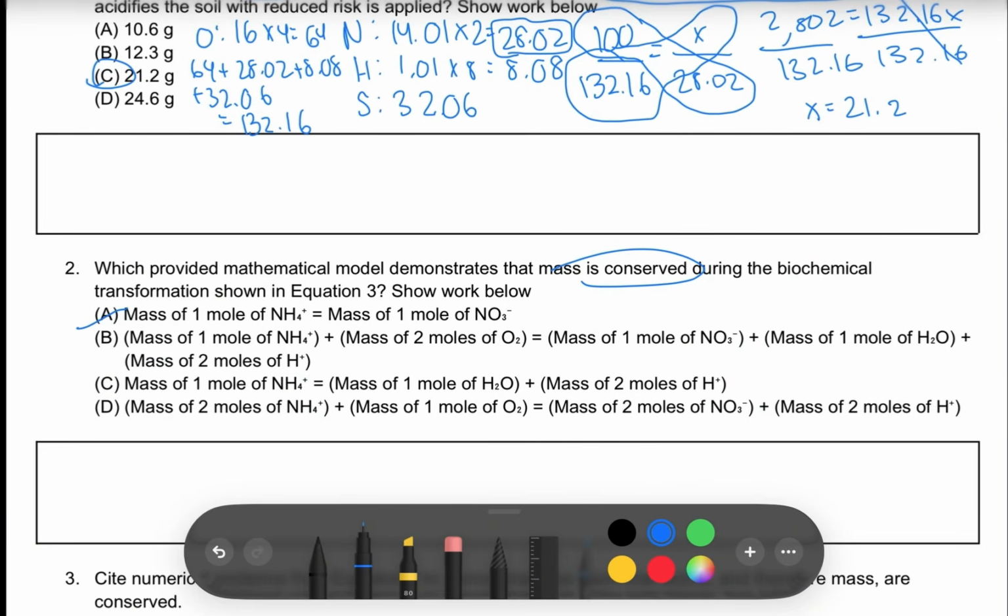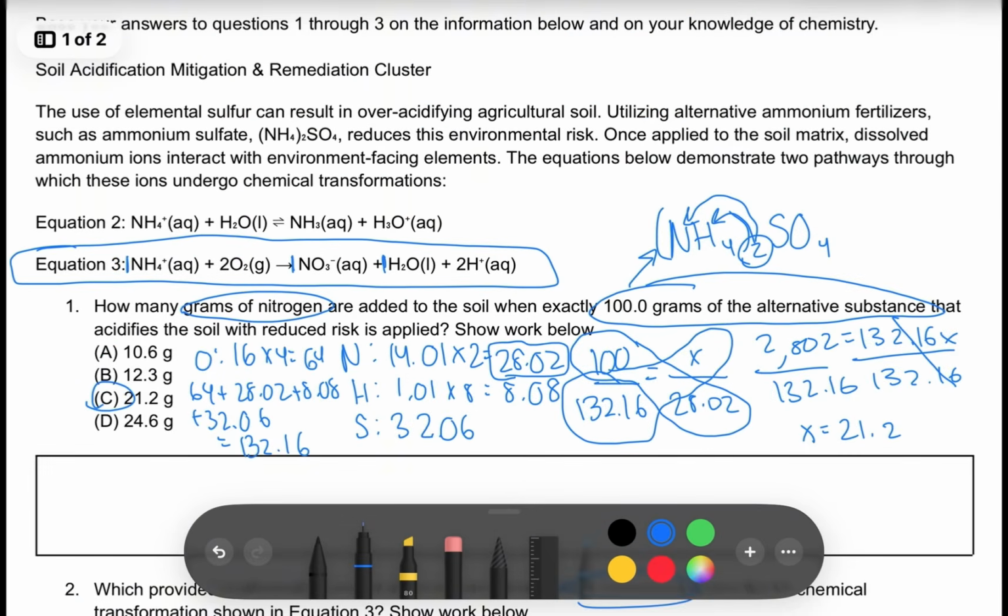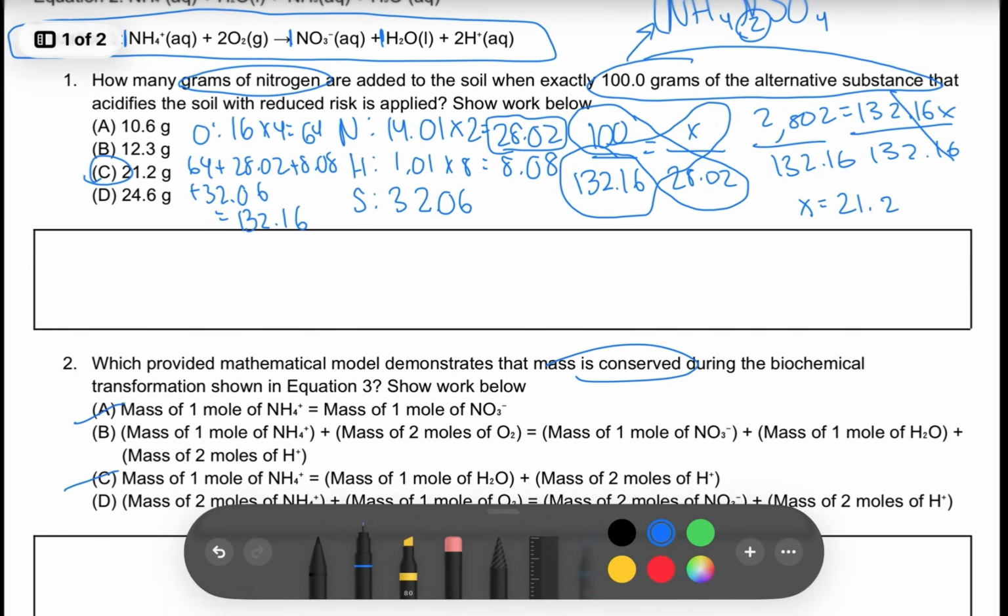We can eliminate A because if we're talking about the conservation of mass, that means that the mass needs to stay the same. And in option A, we can see that we have less moles, meaning that it's not staying the same. So A is not going to work. Neither is C going to work because we have less moles. So now we're between B and D. Well, as I just talked about, in the reactant side, we had 1 mole of ammonium.